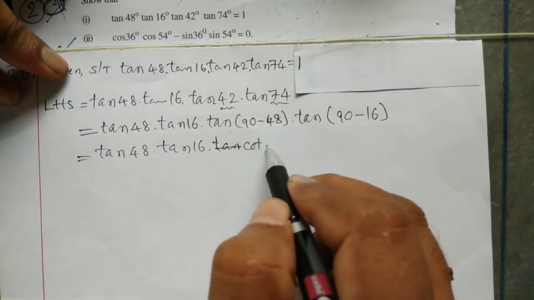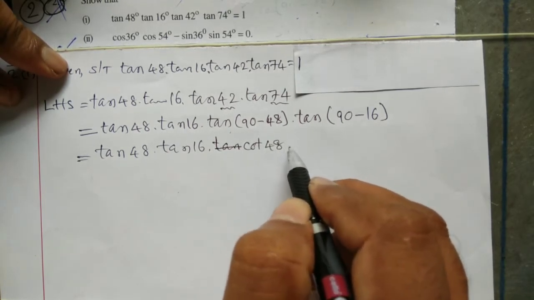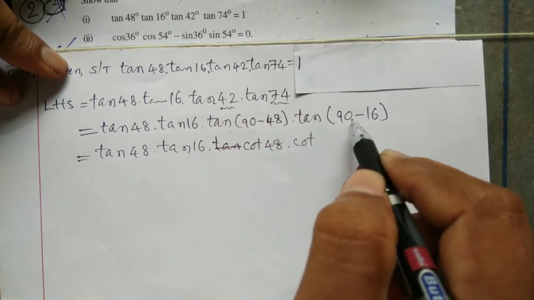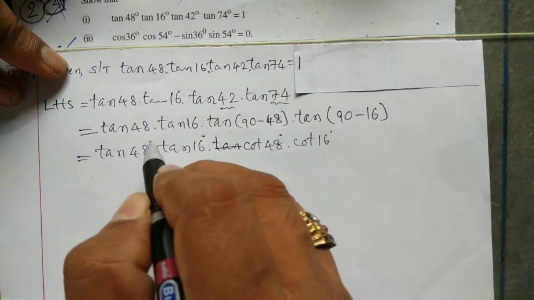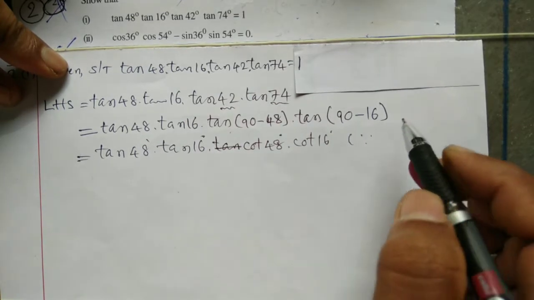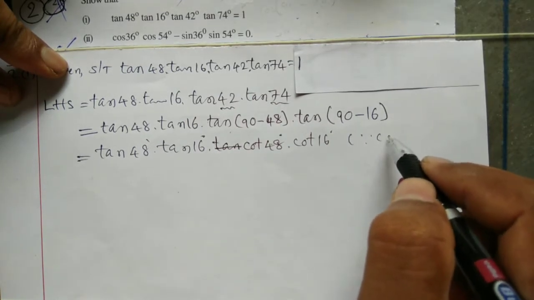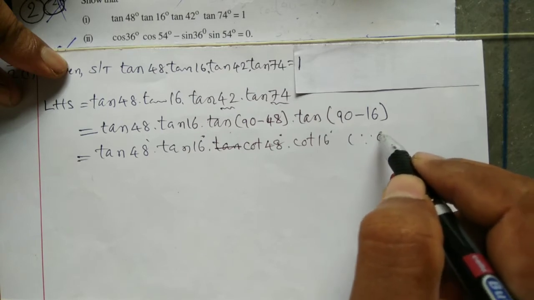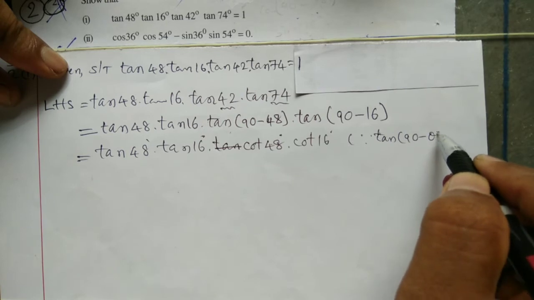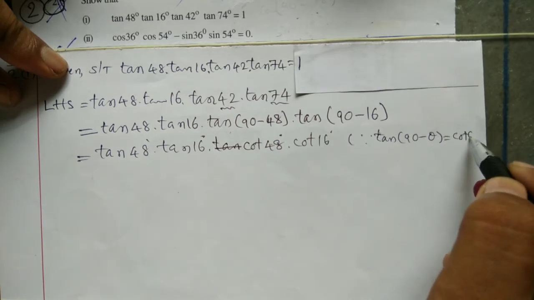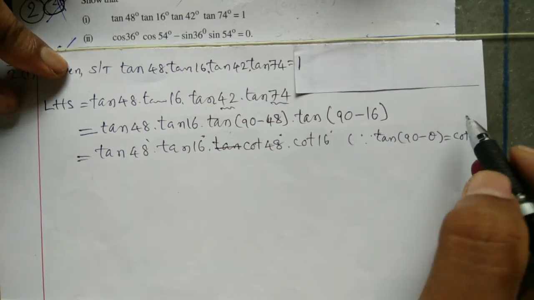So tan 48, cot 48 degrees, cot 16 degrees, because tan 90 minus theta is equal to cot theta. This is the formula we applied in this.